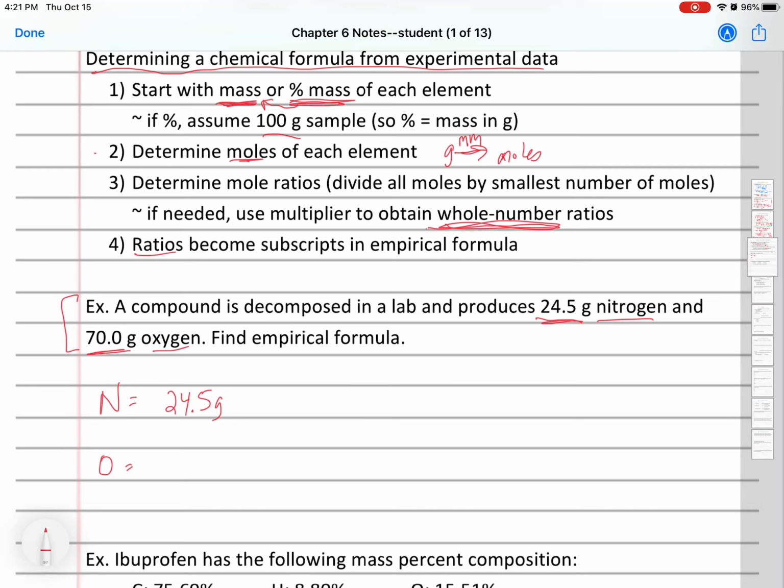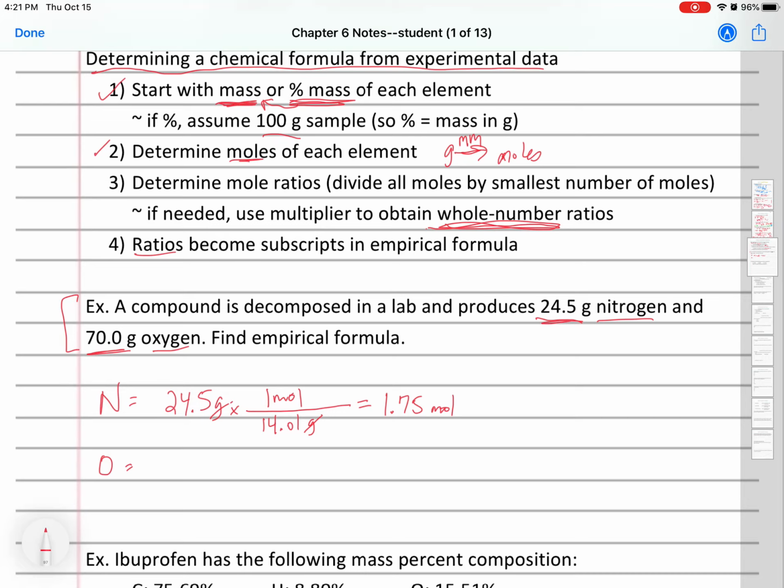We're starting with the mass, and now we want to determine the moles. So we can determine the moles by using the molar mass of nitrogen. 1 mole of nitrogen is 14.01 grams. So the number of moles of nitrogen is 1.75.